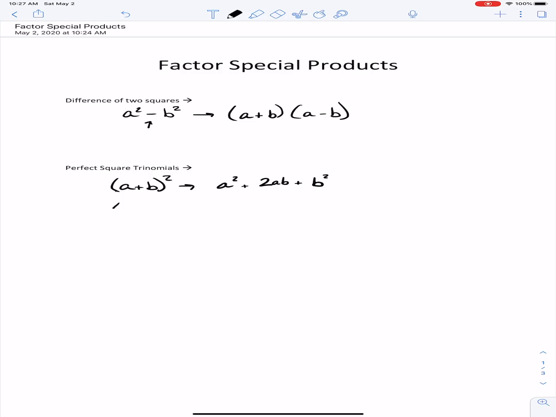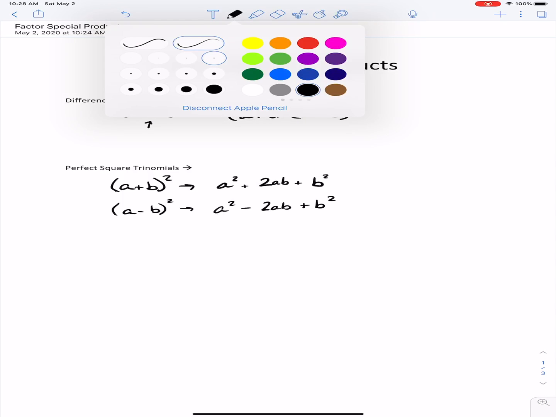Now, there is one other perfect square trinomial, and it is with a negative b. In this case, we have a minus b squared, and this one is going to be almost identical to the one above it. However, you're going to have a negative term for your middle term, and the second term, your b term, is going to be positive as well.